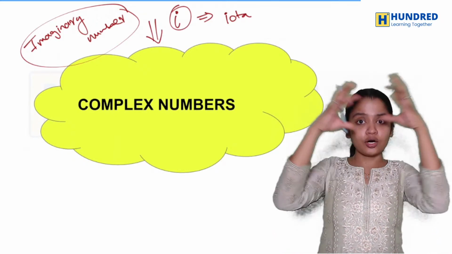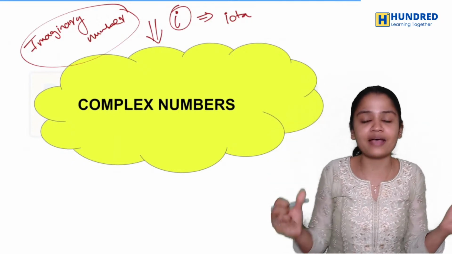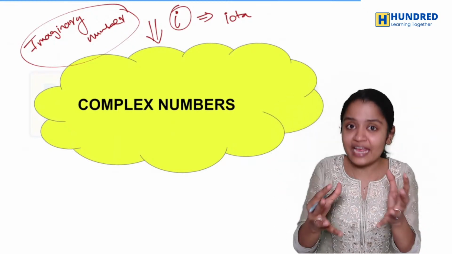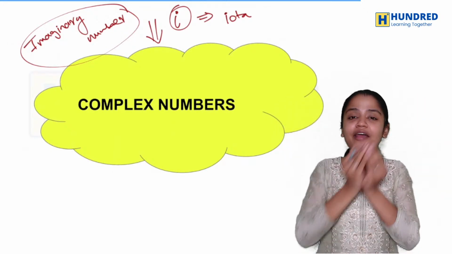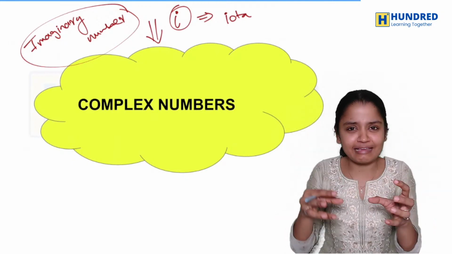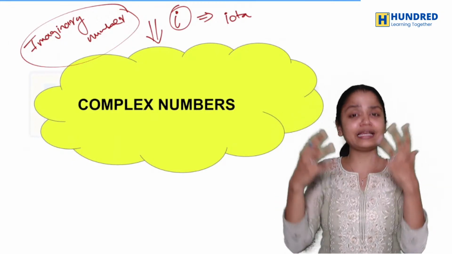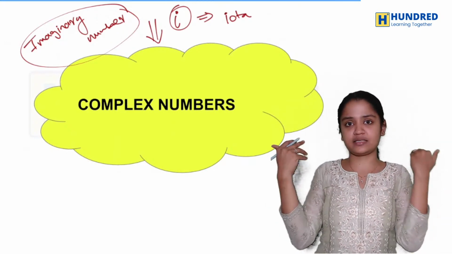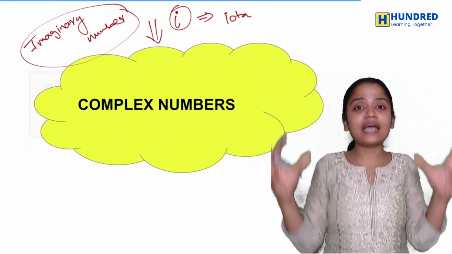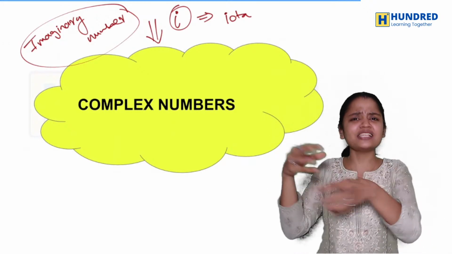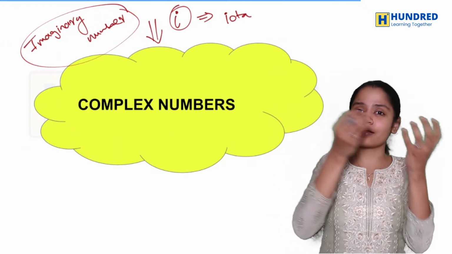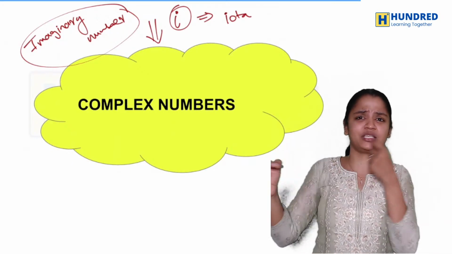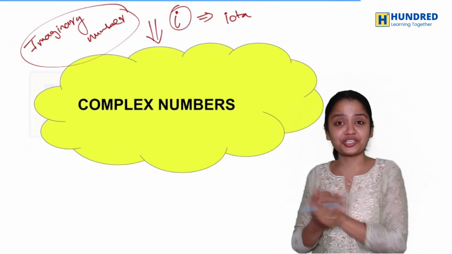If you call the whole number system the universe, that is the complex number; in the universe, our earth will be the real number, and inside that, India will be our integers, a specific state will be our whole numbers, and inside that, a specific city will be our natural numbers.